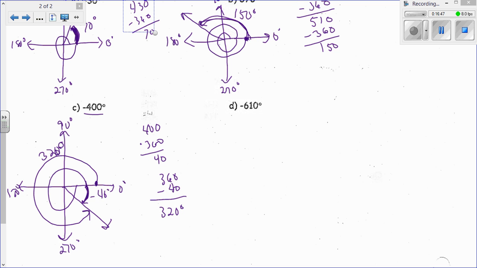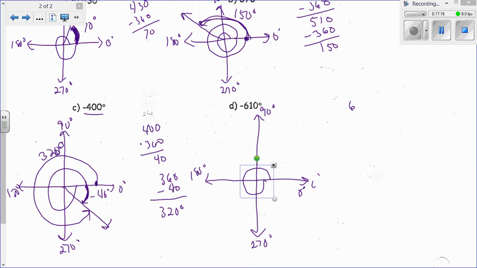Last one. So 0, 90, 180, and 270. Since it's negative, I'm going to go this direction again.